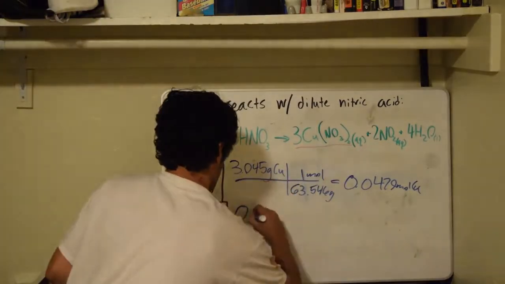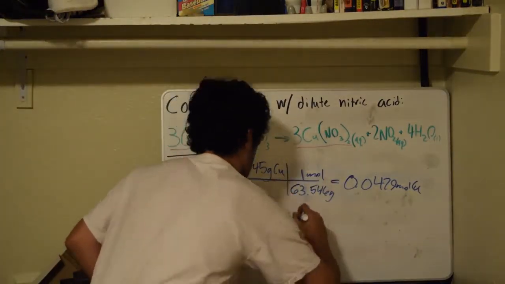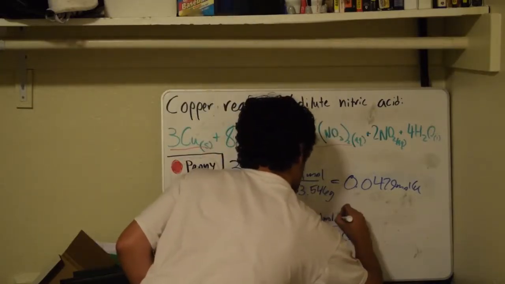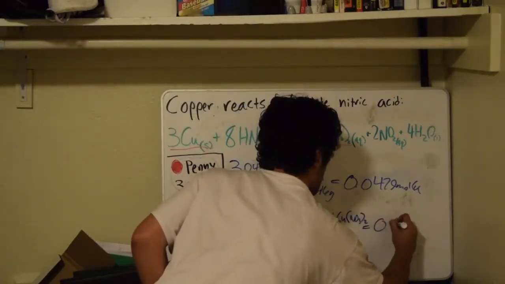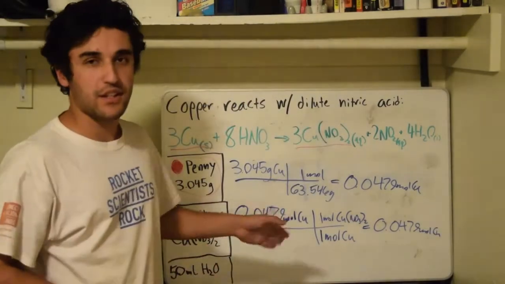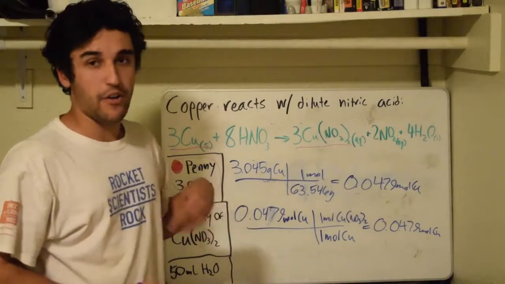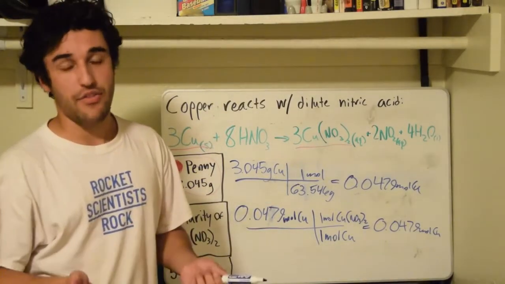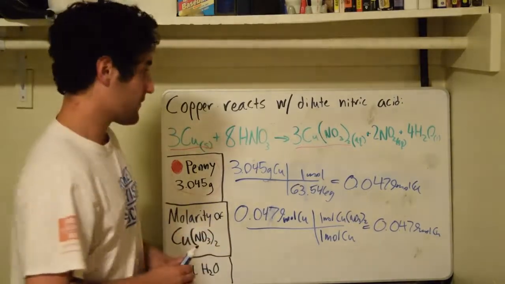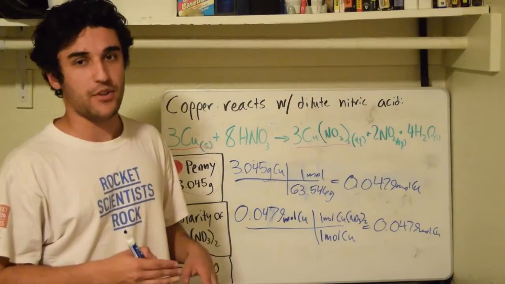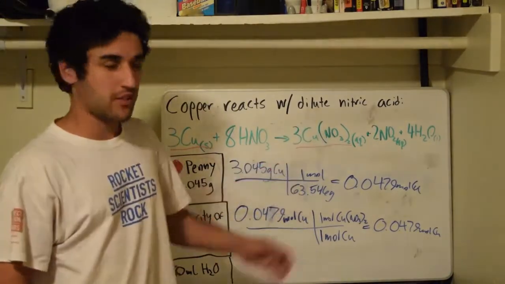So basically you have the same amount of moles of copper nitrate as you do moles of copper, because that ratio is 1 to 1. So you have 0.0479 moles of copper nitrate as your products.